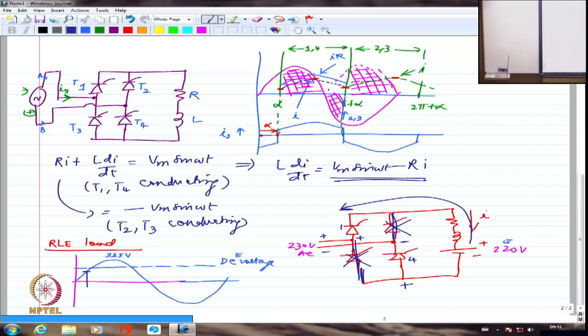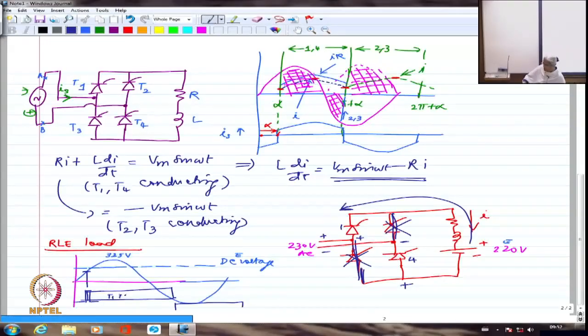That's all the more reason why we never give a single pulse normally for a thyristor. We give a train of pulses. We generally make a pulse almost for 180-degree duration, because I know that from here to here this device can conduct, and from here to here the other device can conduct.